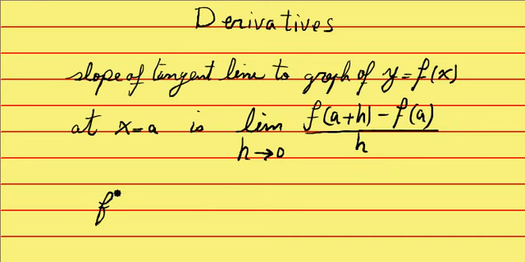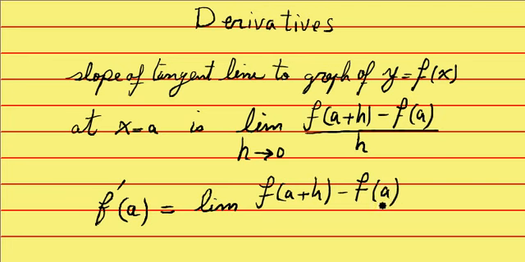So if this is f, this is going to be f. We are going to put a prime on top of it, and indicate the location at which we are going to calculate the derivative, f prime of a, and we are going to write it as that limit, f of a plus h minus f of a divided by h as h goes to 0.